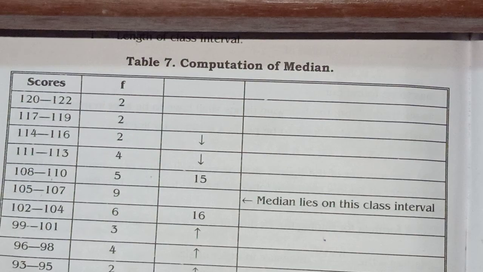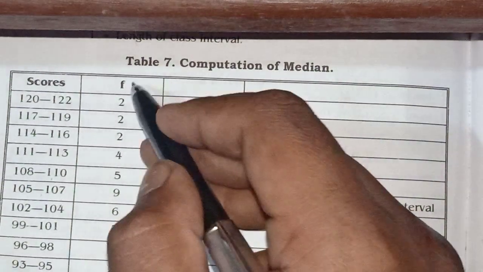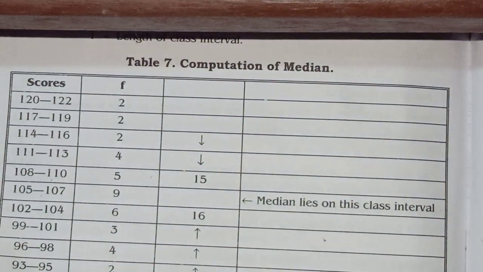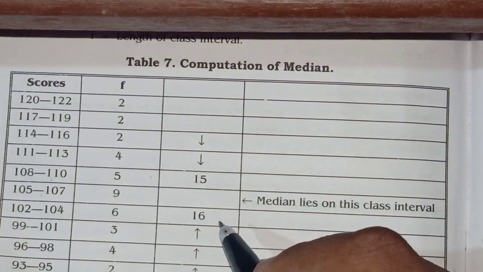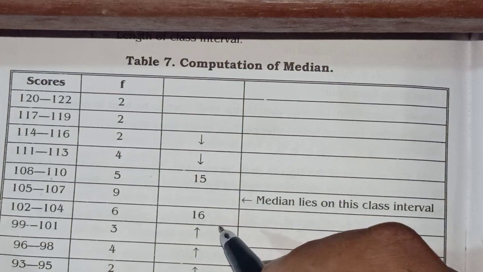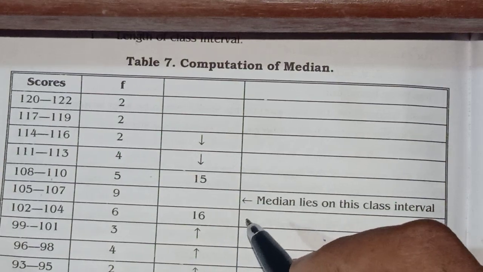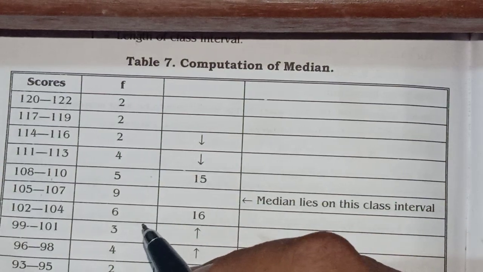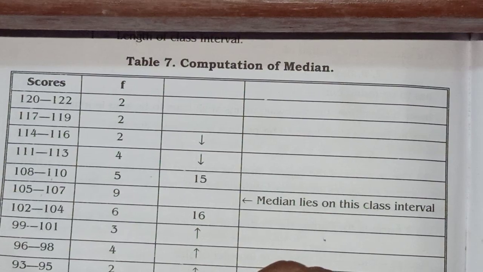And what is N? N is the sum total of frequency. And what is F? F is the sum total of the frequencies of the scores which are below the median class interval.